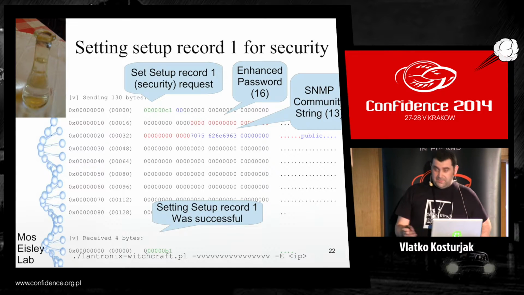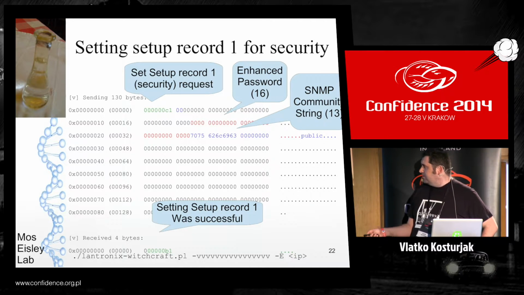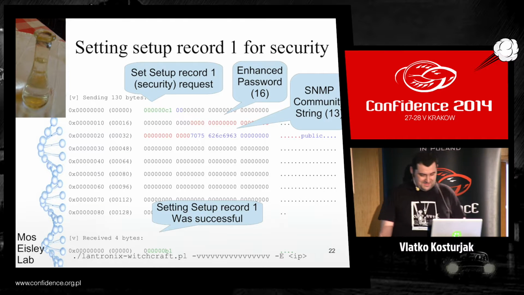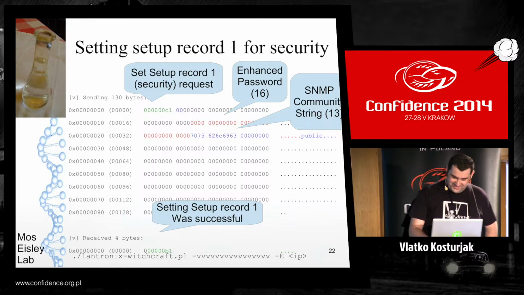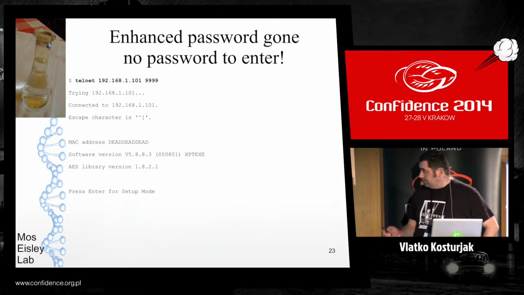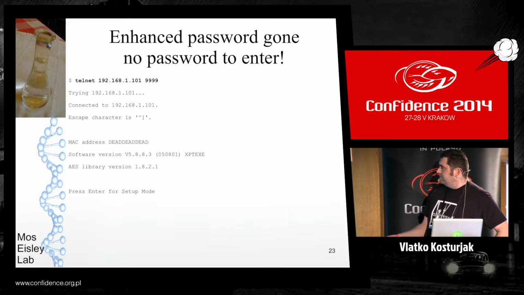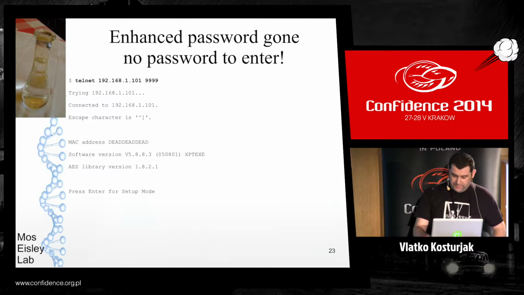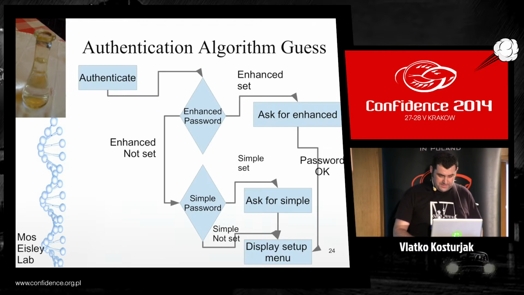And if you send this specific request to a Lantronix device, it will just say, okay, thanks, I managed to reset the record. So, quite easy. This is how it looks like once you reset it, you can enter the setup mode. So you can do everything you want later, right?